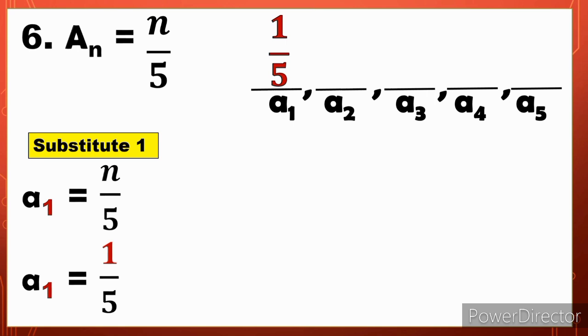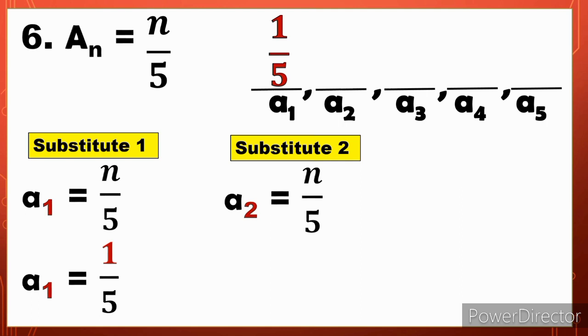Okay, to find the second term, which is a sub 2, isa-substitute natin yung 2. So, a sub 2 equals n over 5. So, papalitan natin yung n ng 2. Therefore, we have a sub 2 equals 2 over 5 or 2/5. Okay, so 2/5 is in simplest form. So, therefore, ang second term natin ay 2/5.